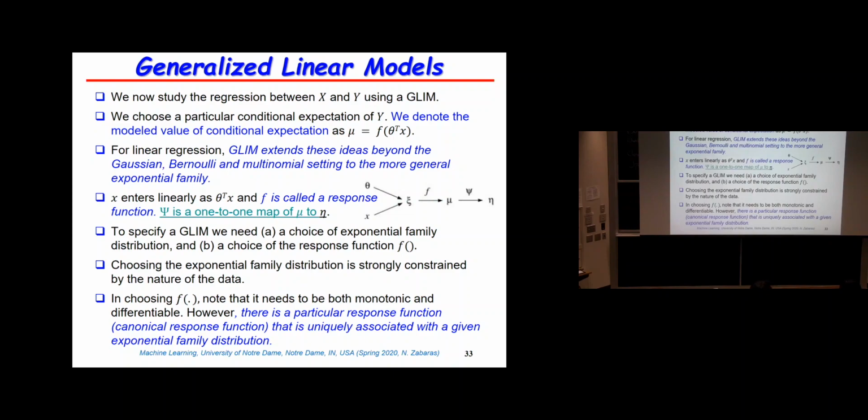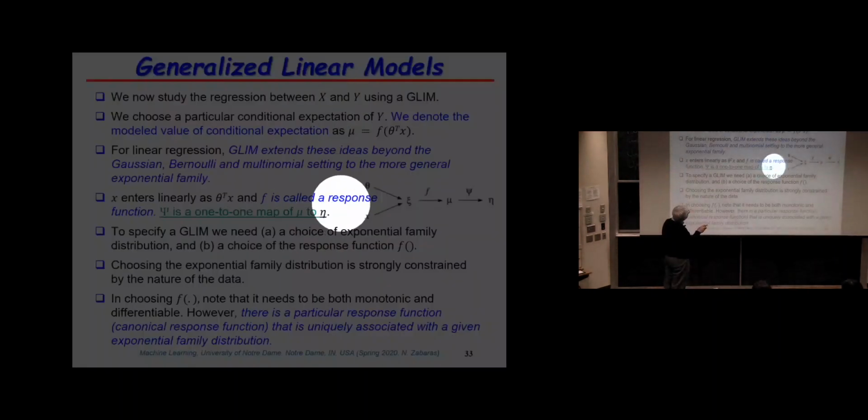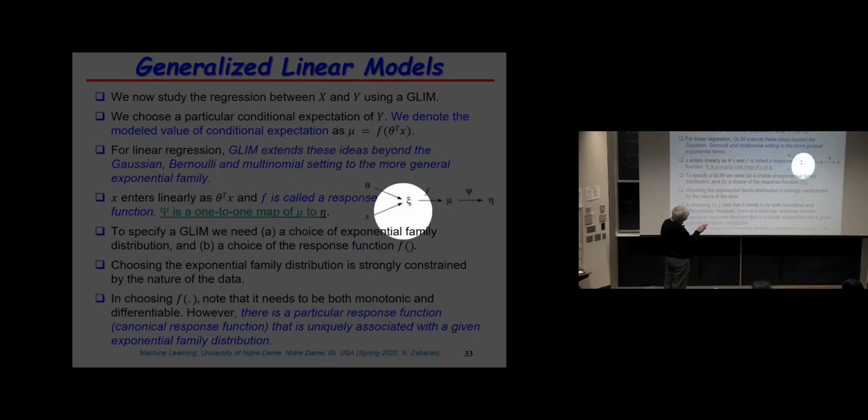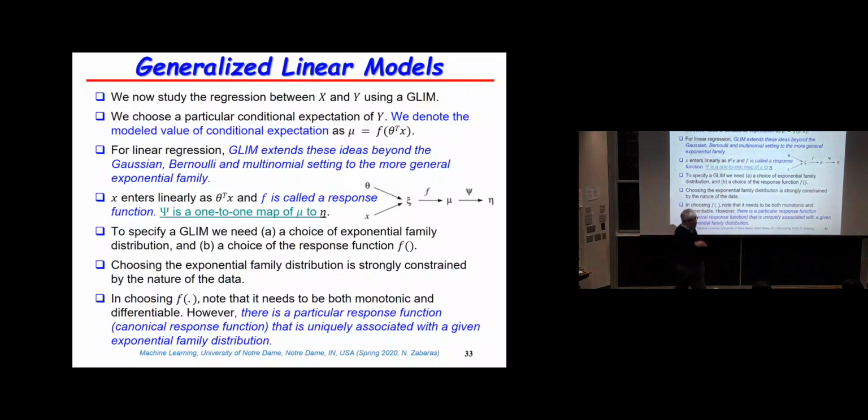So W transpose x, right? That was the easiest thing. If you want W transpose of phi of x, that would be another thing, but the easiest was W transpose x. I call W here theta, just to follow the notation from the literature. So the xi that you see there is theta transpose x, is W transpose x.